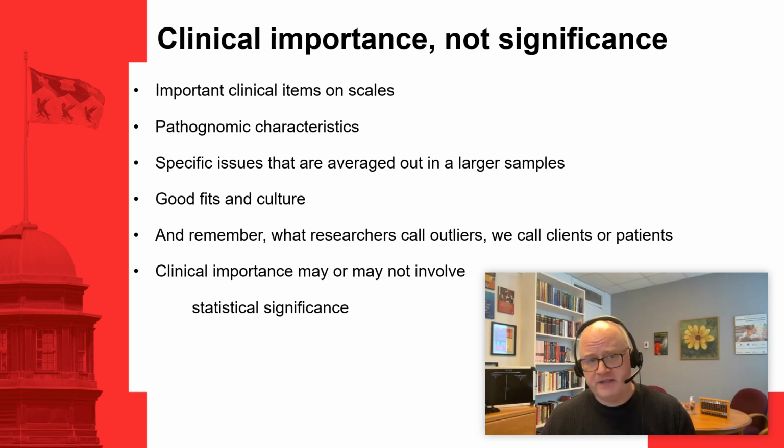Even if there's a statistically significant difference, one might fit better. That's clinical judgment. So you don't want to be slavishly devoted to something that's statistically significant but clinically unimportant.